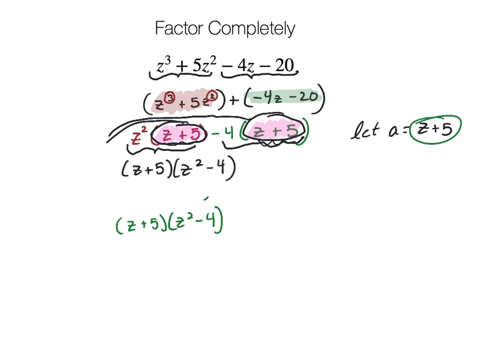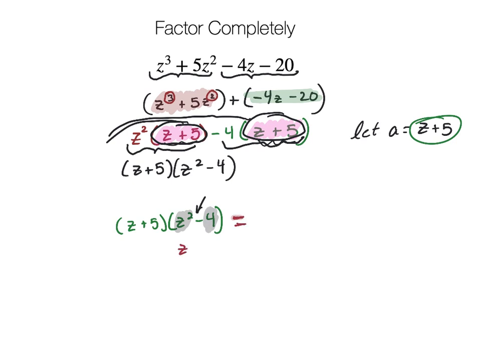Now, unfortunately, we're not quite done with this problem. And the reason we're not done is because we're very observant, and we notice we have a z squared, a minus sign, and a 4. And z squared and 4 are both perfect squares. So we can continue to factor this.